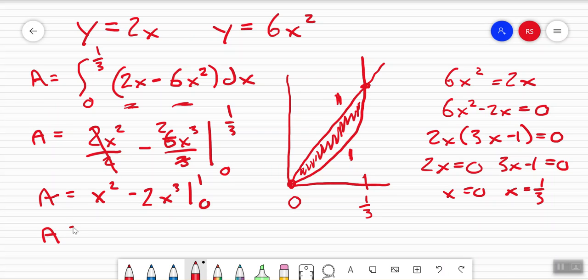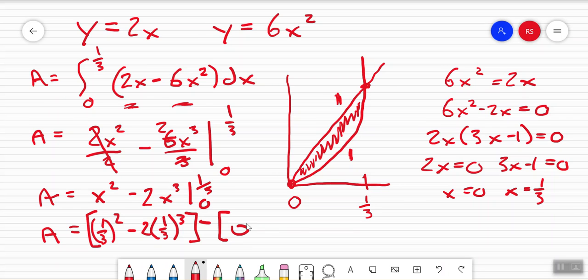And so now we just have to do the fundamental theorem of calculus. So we're going to have 1/3 squared minus 2 times 1/3 cubed. There's my f of b, minus my f of a, which is going to be all just 0 minus 0.